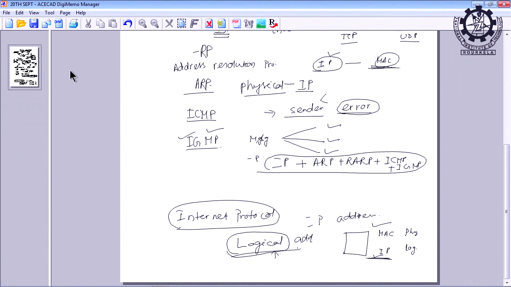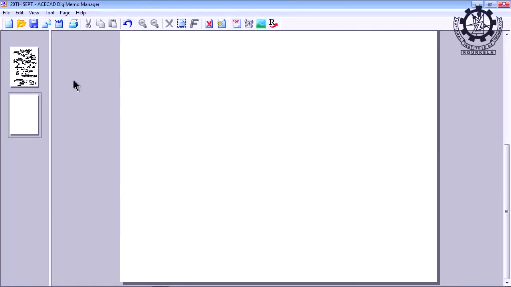That means the IP address in a network tells the location of the host, the system where it is physically present. The IP addressing we are currently using is IPv4, or IP address version 4.